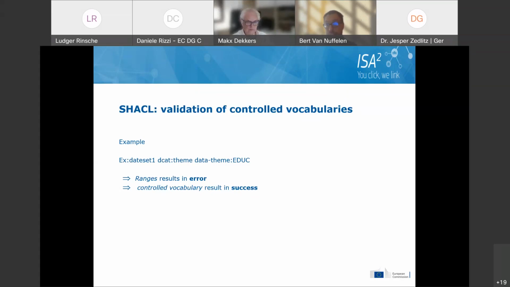I think that's clear information on how it works and how the checks fit together, because the background information is not loaded in ranges. So just be aware that this is the case. That's what I wanted to share with the SHACL shapes.